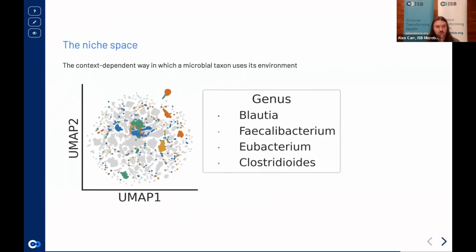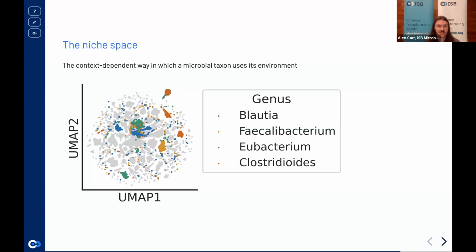Additionally, we'll be able to create visualizations of the niche space. This is the context-dependent environment that the microbial taxon is occupying. So it's essentially the way in which the individual taxa are leveraging the metabolites available to it.